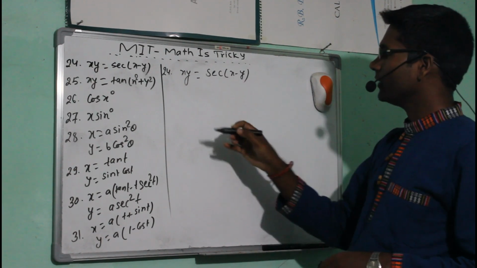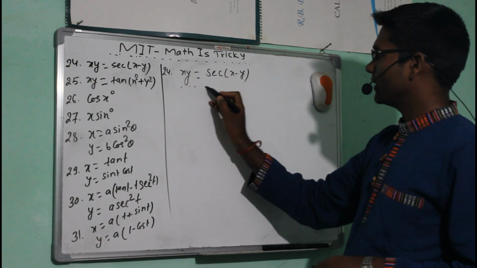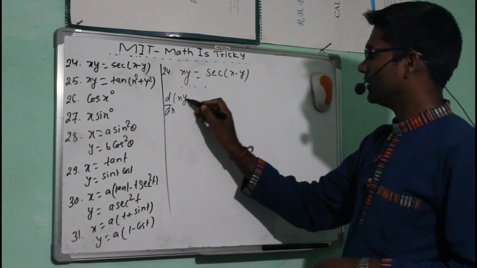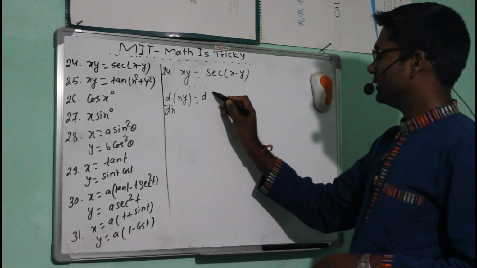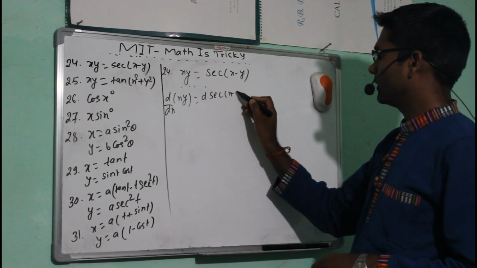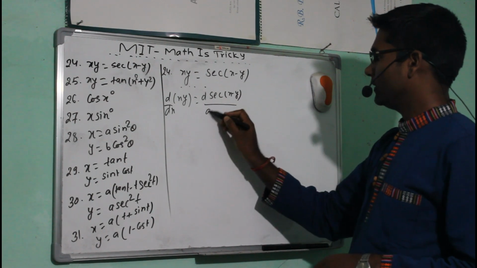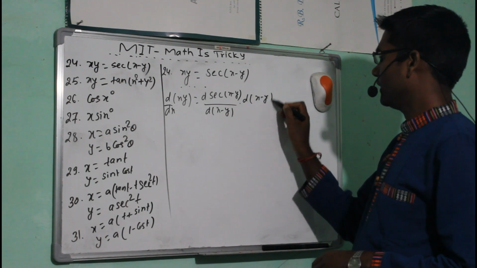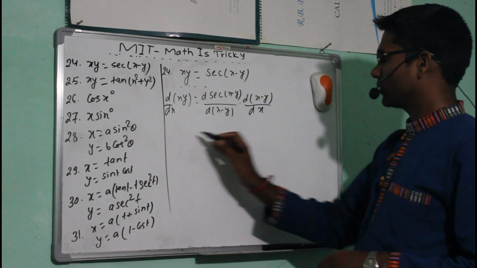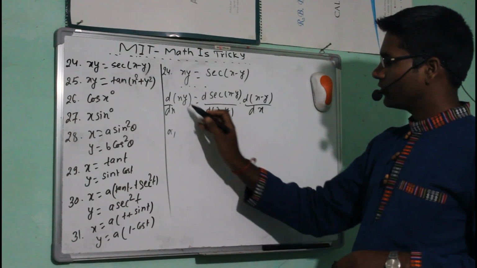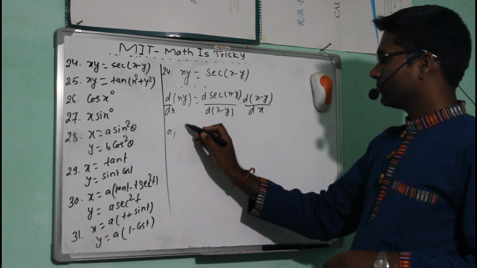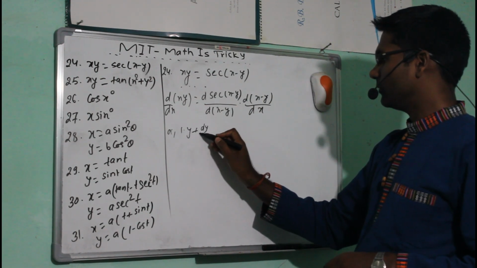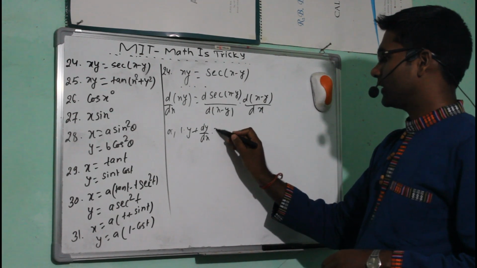Same as y equals sec x minus y. Okay, so differentiating both sides with respect to x, we get d by dx of xy equals d sec x minus y by dx minus y times d x minus y by dx. Let's use the product rule on the left hand side, so we get the derivative of the first, which is 1 into y, plus dy by dx into x.